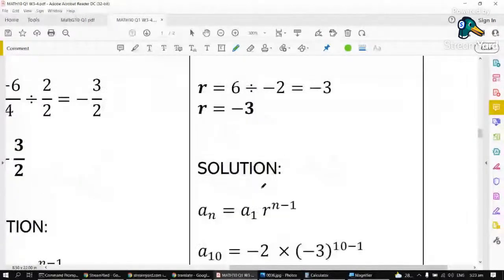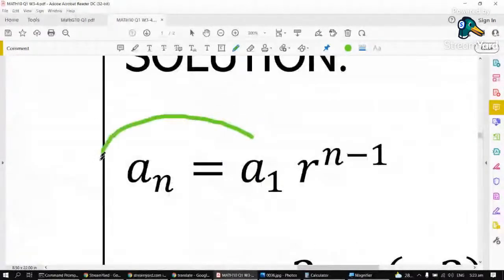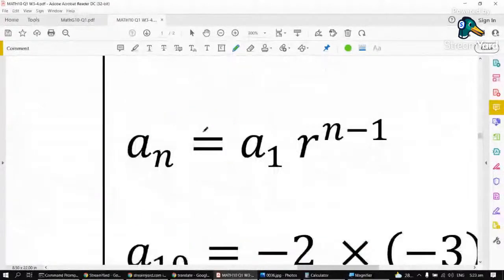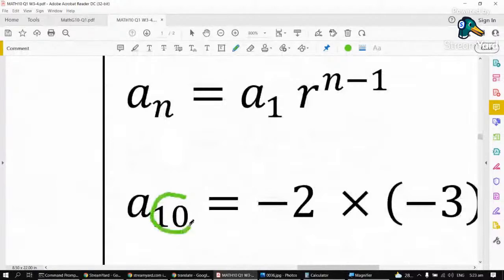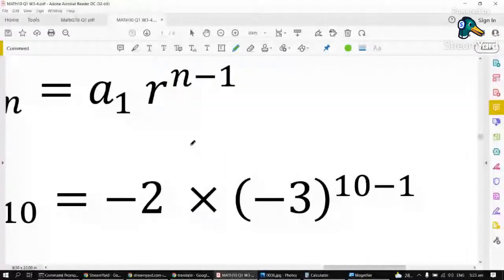So, we can now compute. We will use the formula. We replace n with 10. Our first term is negative 2, times our common ratio, negative 3, and this n is replaced with 10.